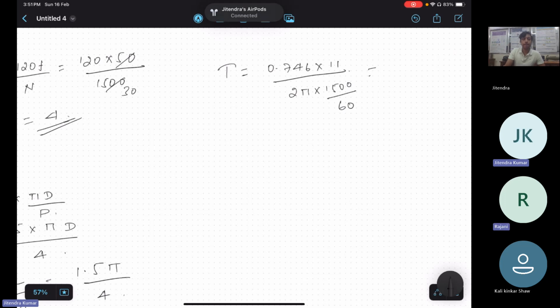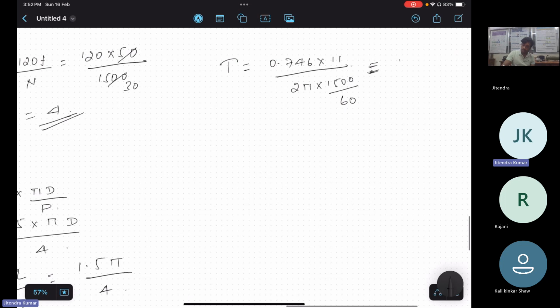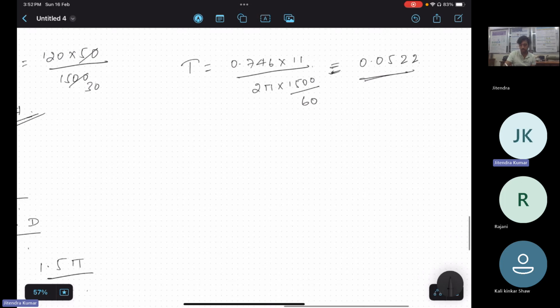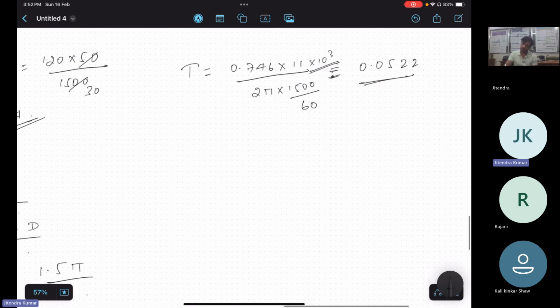0.746 into 11, how much will it be? It's 8.206, and you are considering the 10 raised to power 3 part because horsepower is in terms of kilowatt.